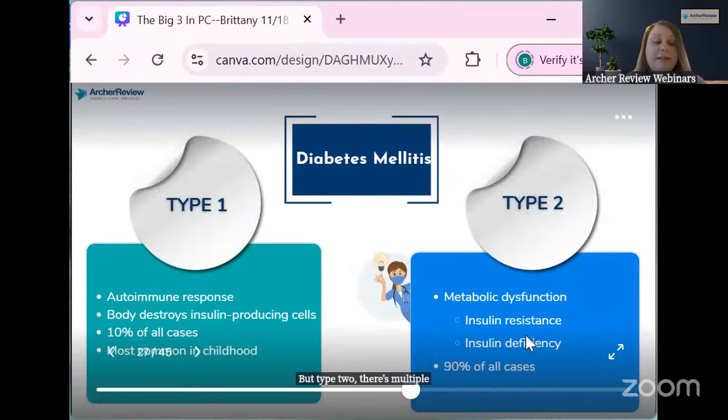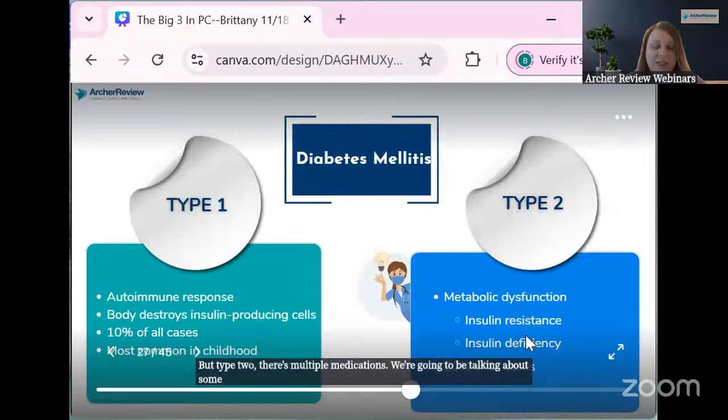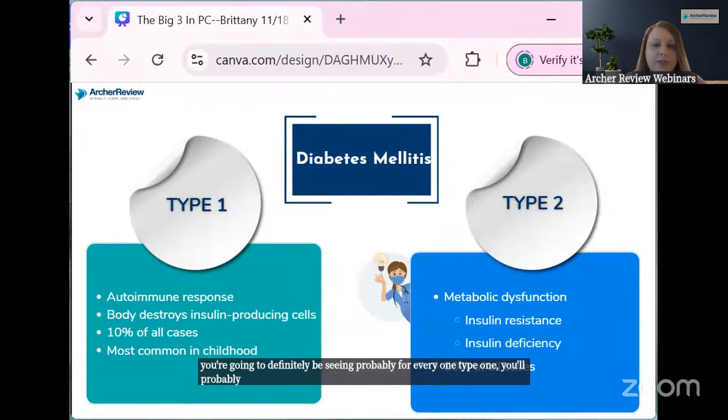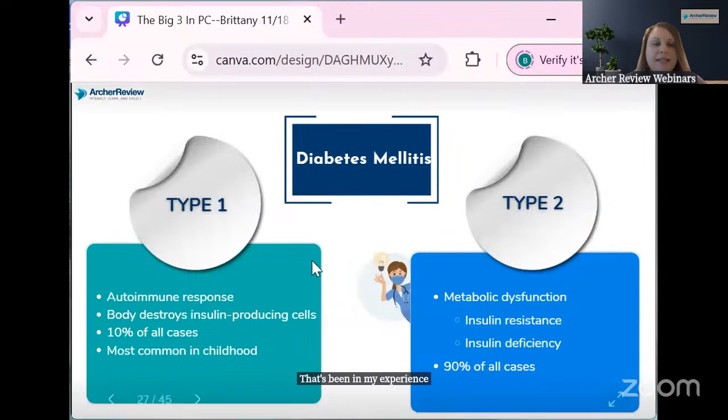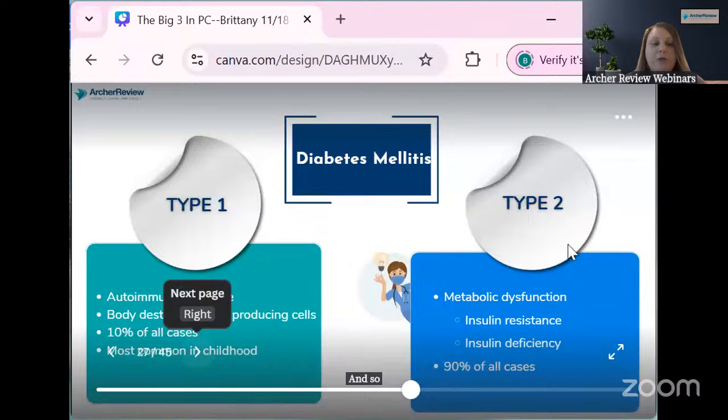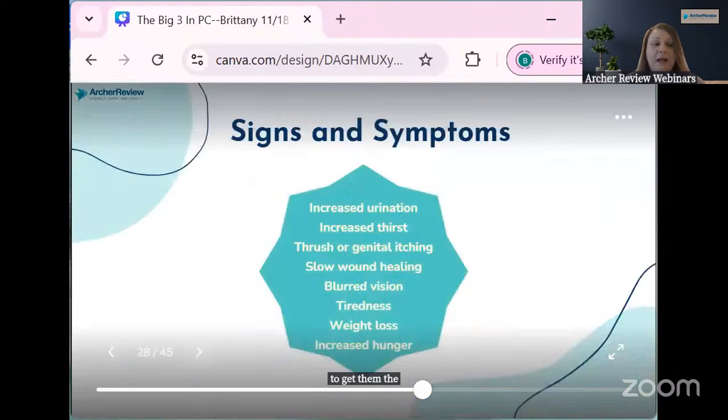We're going to be talking about some first-line medication agents for our patients with type 2, and that's what we're really going to focus on today because in primary care, for every one type 1, you'll probably see 20 type 2s. That's been my experience. And type 1 usually has an endocrinologist working with them on board. So we really want to work with our patients to get them the care that they need.